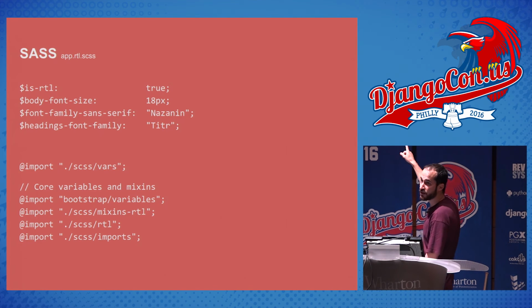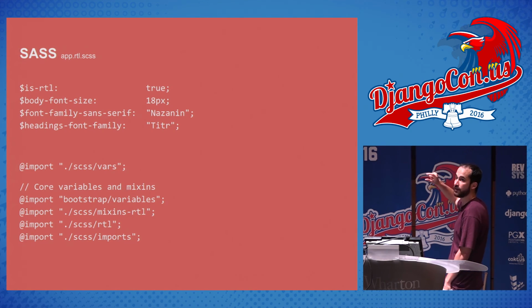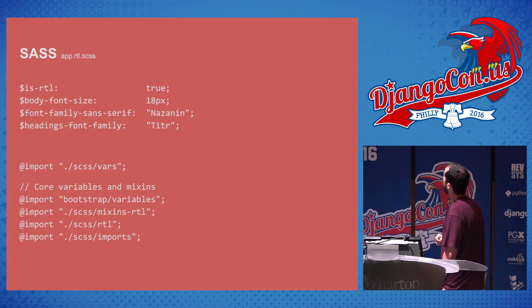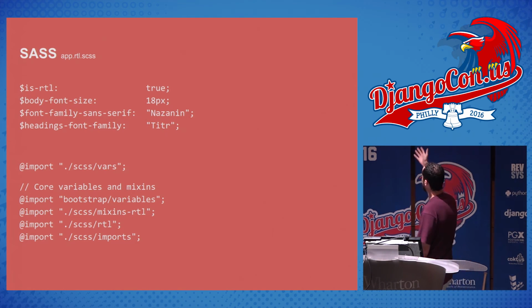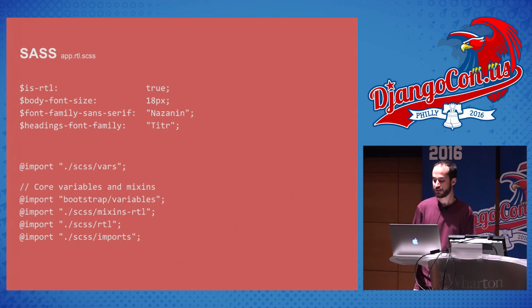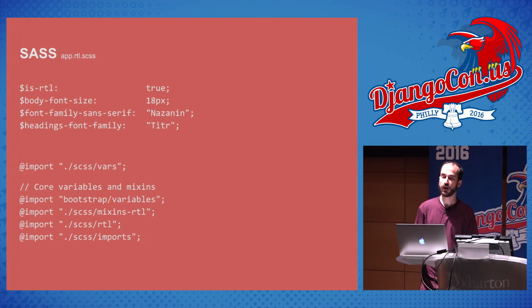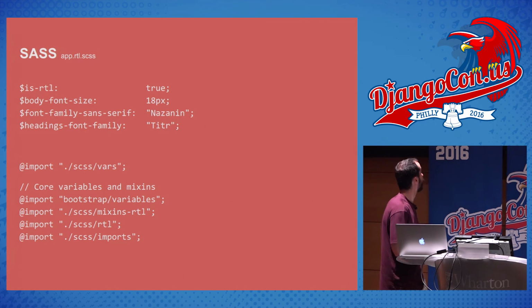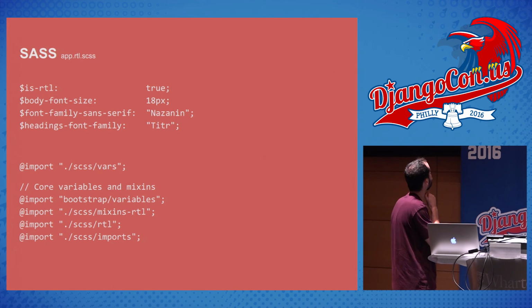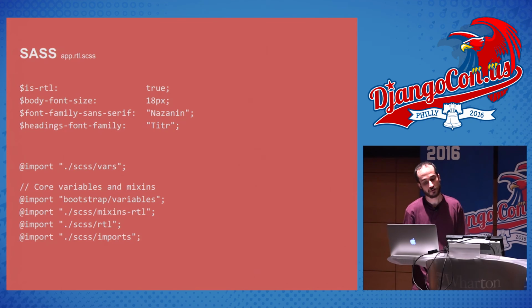A different font size, because usually they need a bigger size. And then you can import your specific right-to-left styles for that language. The other way, for English, for the other direction, you can set that to false and then import your specific SASS. Easy.